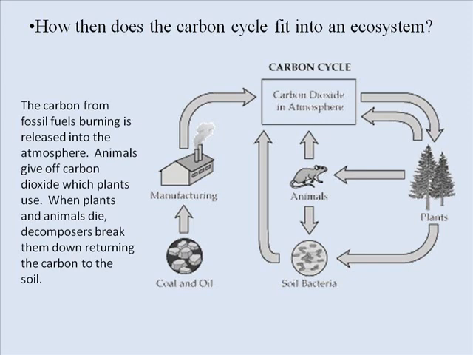They're going to give carbon to animals when we eat them, and when plants die, they're going to give carbon to the soil, because carbon is one of the nutrients that your decomposers break down and return back to the soil. You'll also notice that there is an arrow pointing from the mouse to the ground. When animals die, again, decomposers break them down and return the carbon nutrients back to the soil so that more plants can grow.